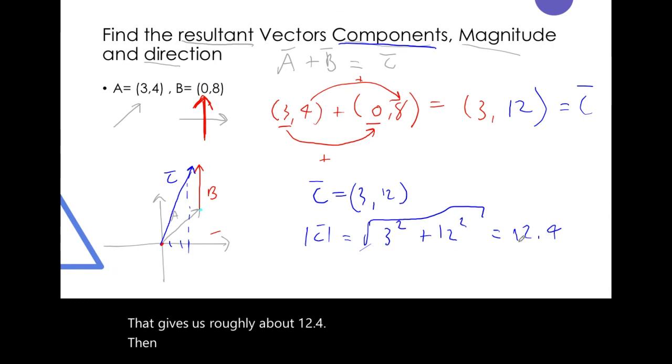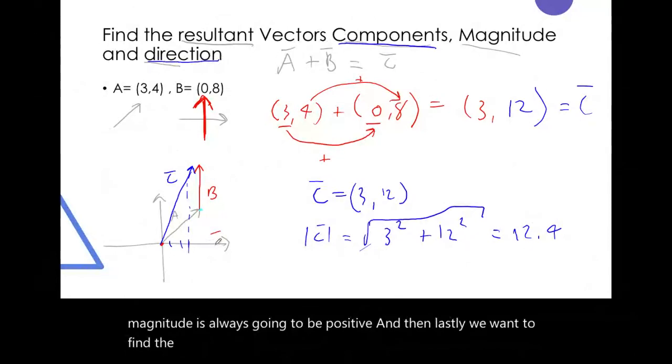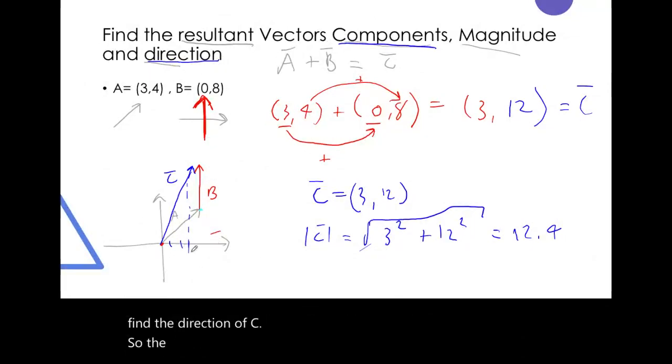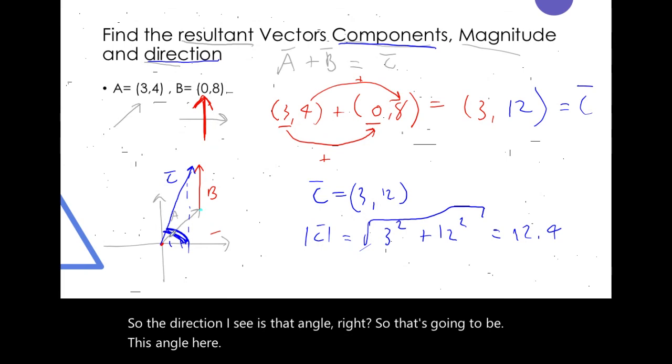Again, I think that's a solid answer. It's positive. The magnitude is always going to be positive. And then lastly, we want to find the direction of C. The direction of C is the angle, so that's going to be this angle here.